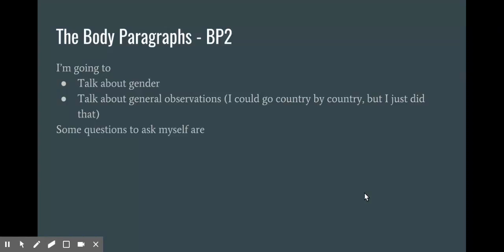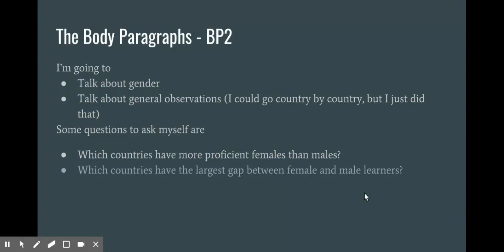So for body paragraph 2, I said I'm going to talk about gender. I said I'm going to make some general observations. Whenever you make general non-data observations, you have to ask yourself some questions. And so some questions that I'm going to ask myself are, which countries have more proficient female students than males? Which countries have the largest gap between female and male learners?